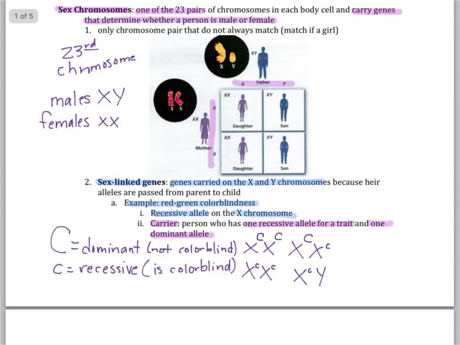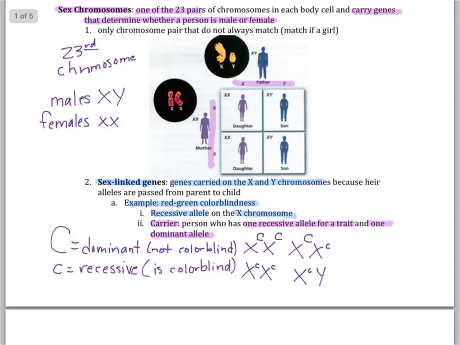This is important to note because it can lead to sex-linked genes, and these are genes that are carried only on the X and the Y chromosomes because their alleles are passed from parent to child. An example of a sex-linked trait is red-green colorblindness. This is because red-green colorblindness is a recessive allele that lives on the X chromosome.